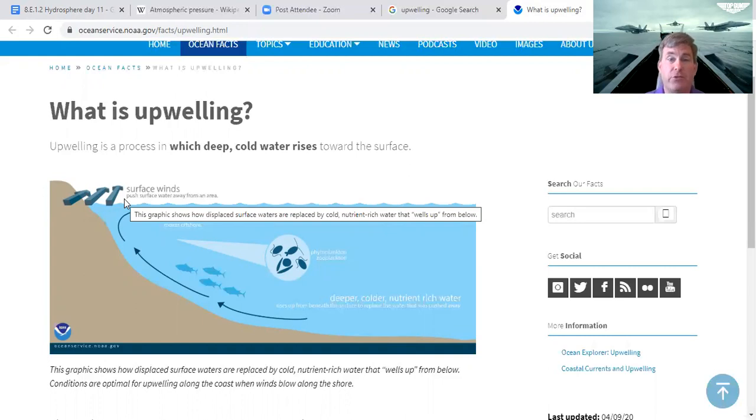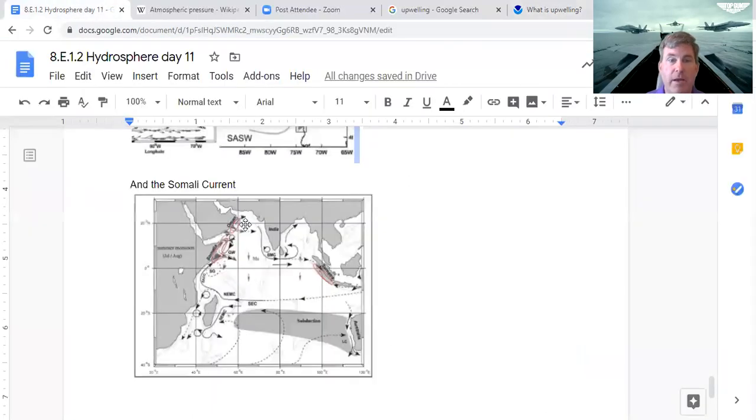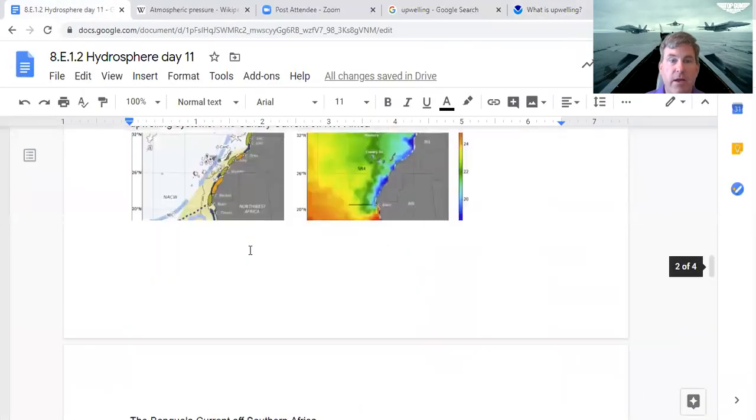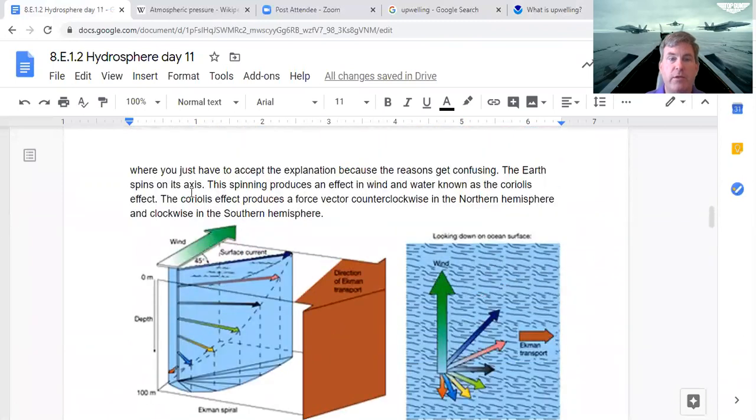Okay, so like I said, short lesson today on upwelling, but you may have to go wander back through this to really get a grasp on this Ekman transport thing, where the wind blows one way and the water goes a completely different direction. So why does the Ekman transport exist? Coriolis effect.